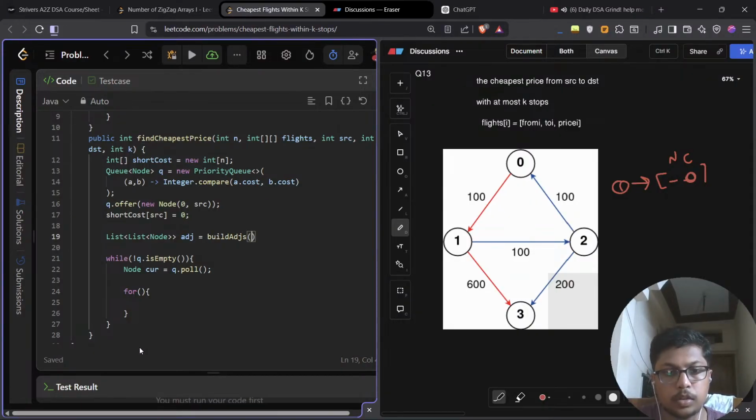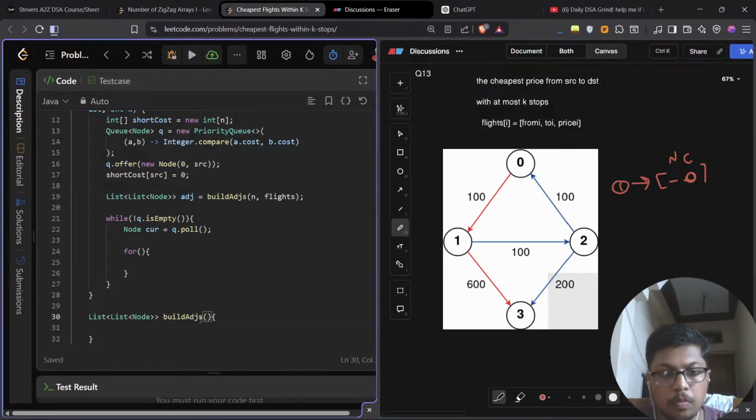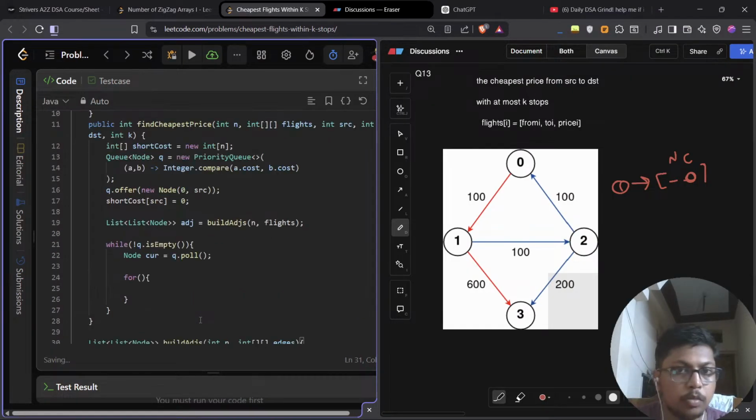So going there for this one, what is needed? Number of nodes as well as the branches.